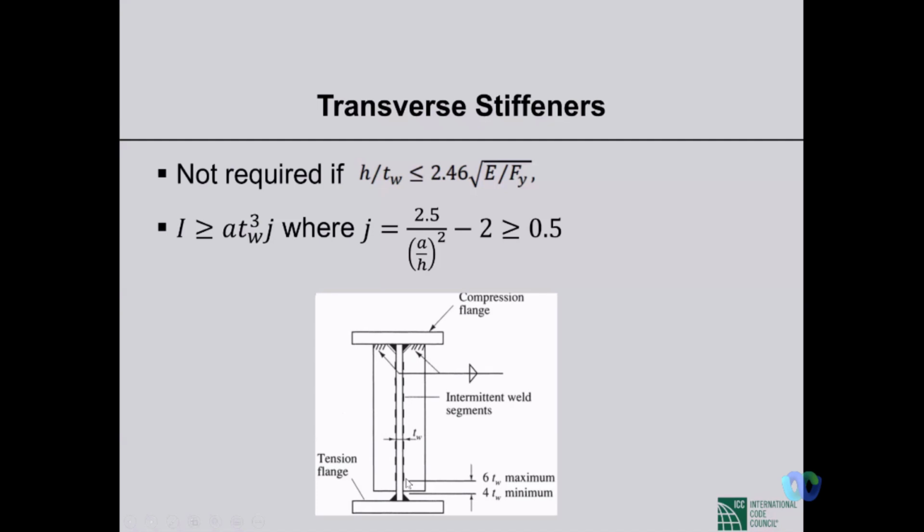The intermittent welding is stopped before reaching the toe of the weld between the web and the tension flange. So these are some details. There are some more details. Please consult the code when you design the transverse stiffeners.